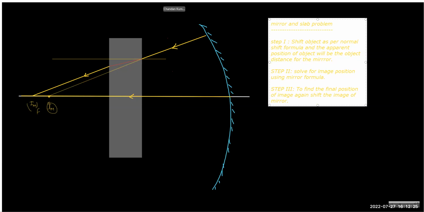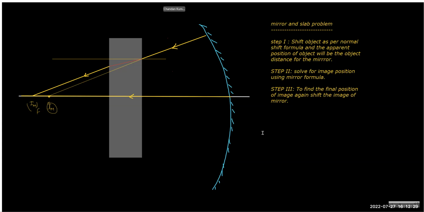So first you need to shift the object to find the object position for the given mirror. Then use the mirror formula, solve the question, and then again shift to get the other answer. This is the 3-step process.